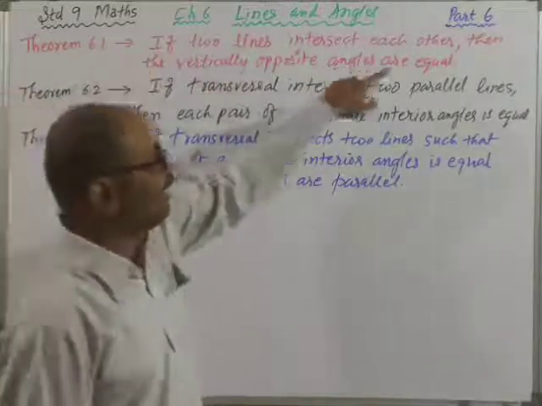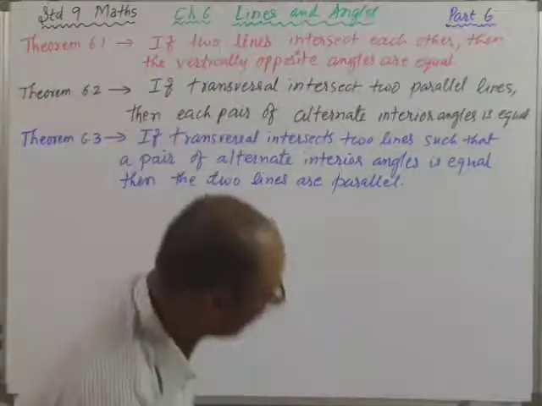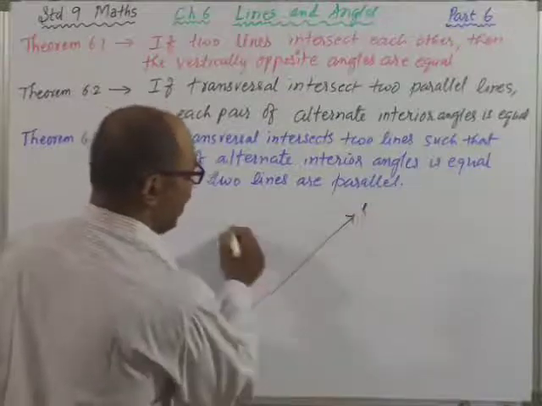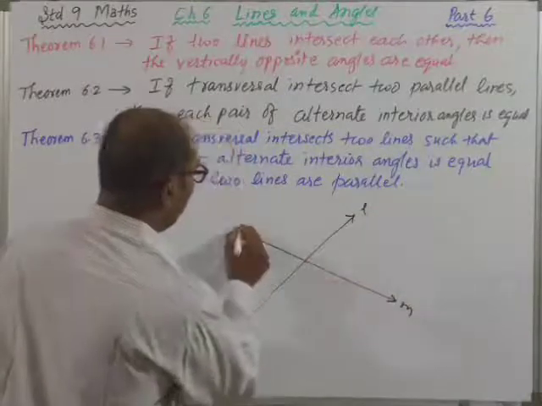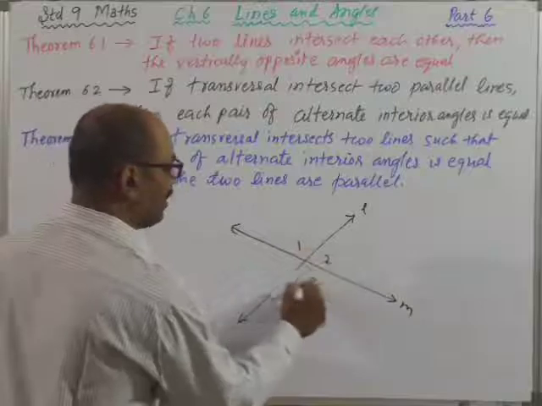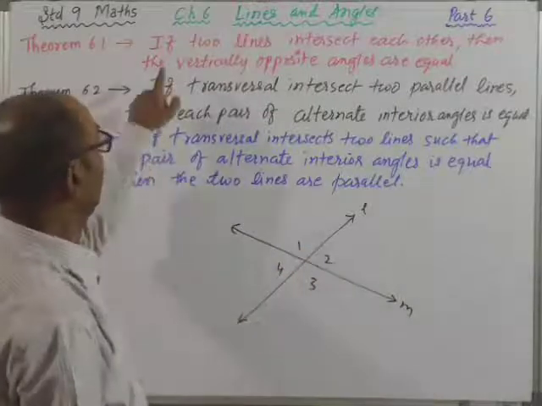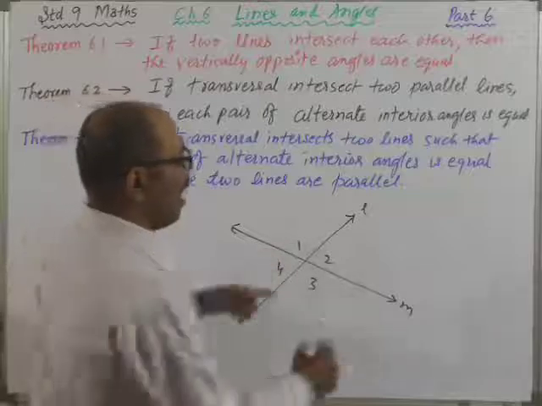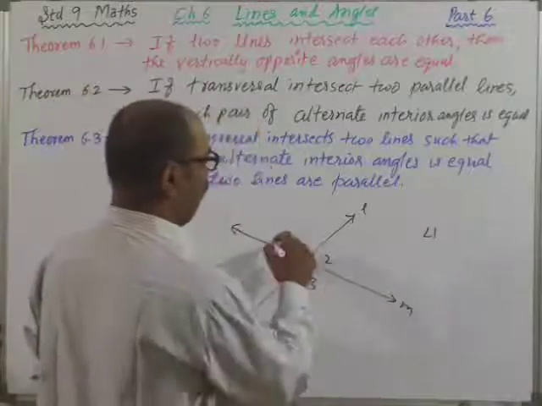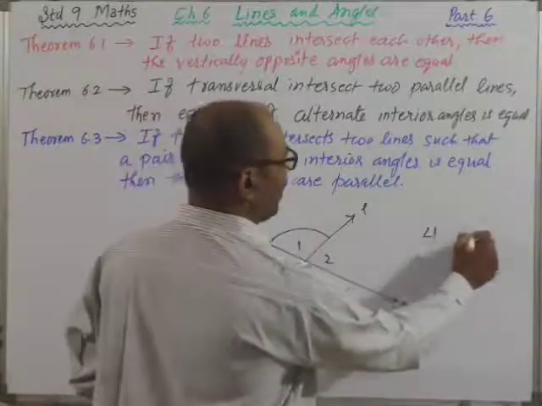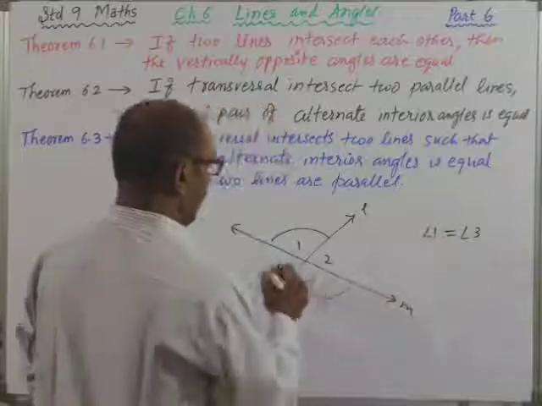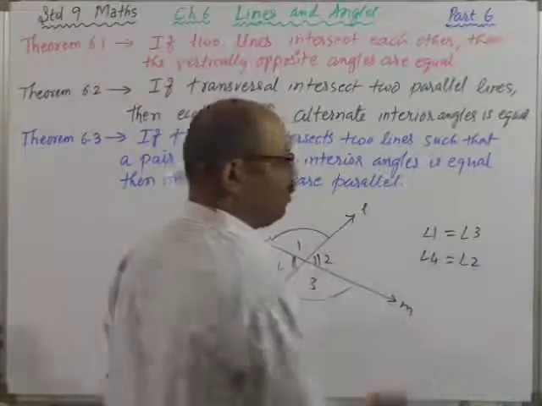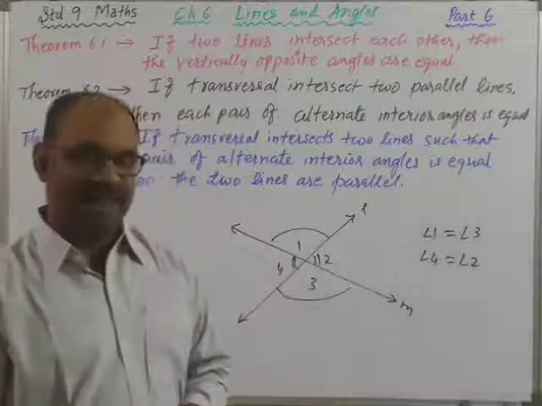If two lines intersect each other, here line L and line M, four angles are formed, correct? Then vertically opposite angles are equal. Angle 1 and angle 4, these are vertically opposite angles, they are equal. And angle 4 is equal to angle 2. We have already proved that statement.